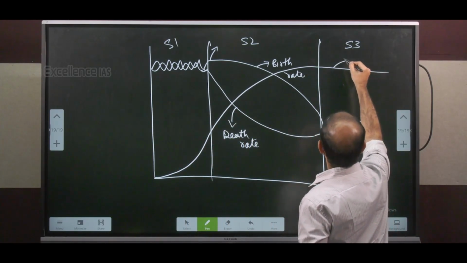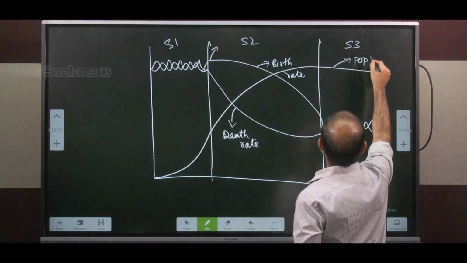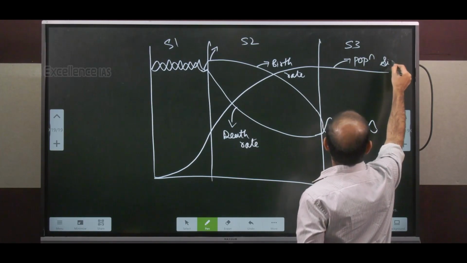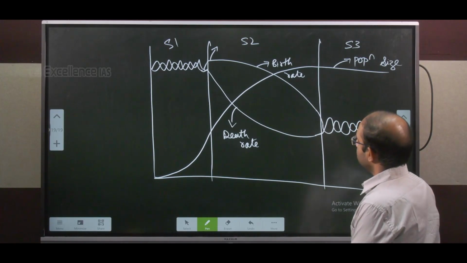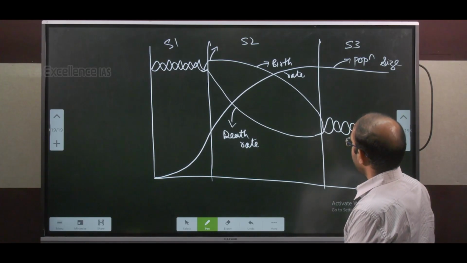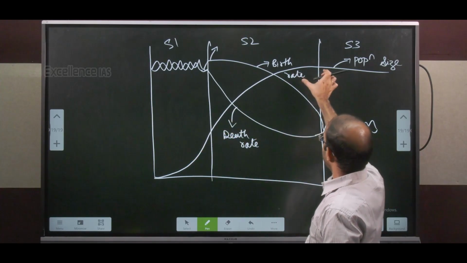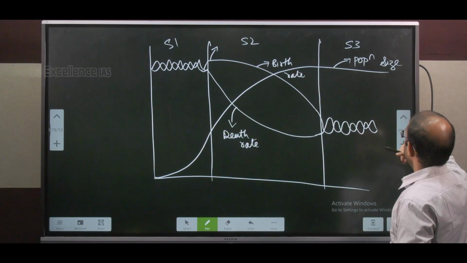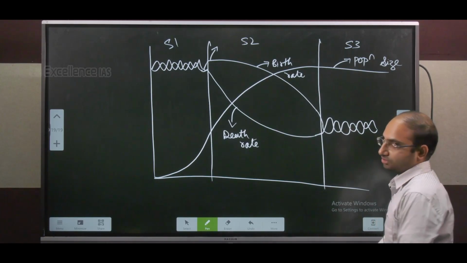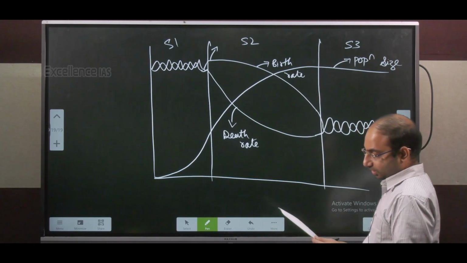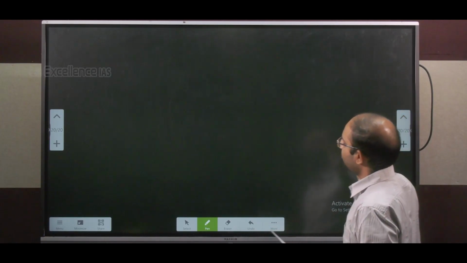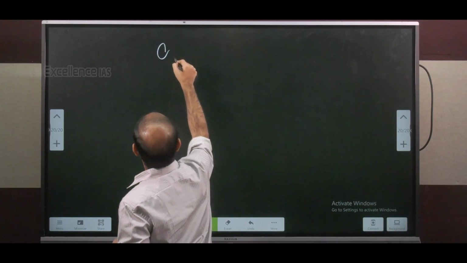So this is population size. Population size is initially at a low level, then in stage 2 there is explosion, and in stage 3 population begins to stabilize. So this is demographic transition, and of course there are a lot of criticisms to it.